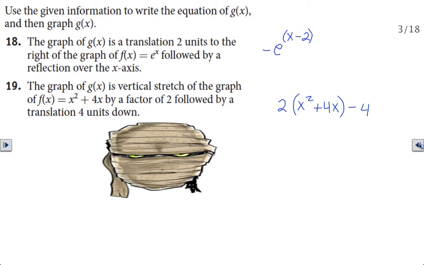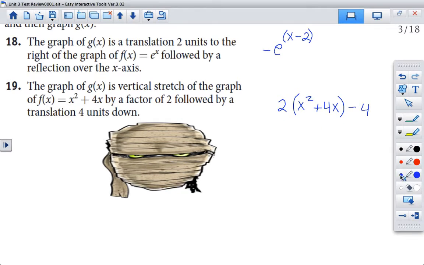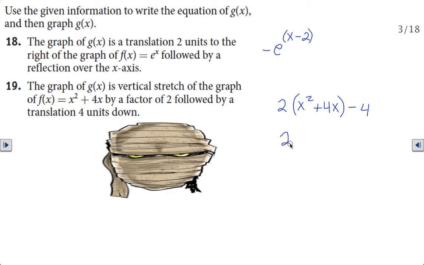Now, what if this was your question, but this was not one of the answer choices? How might you also see this? Well, you might also see it if you distribute that 2, then it would be 2x squared plus, what, 8x?